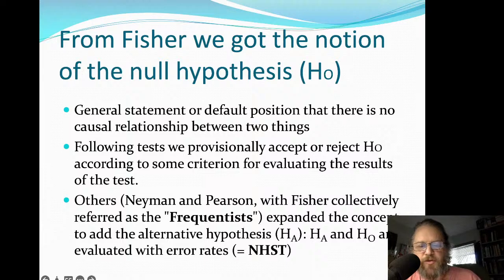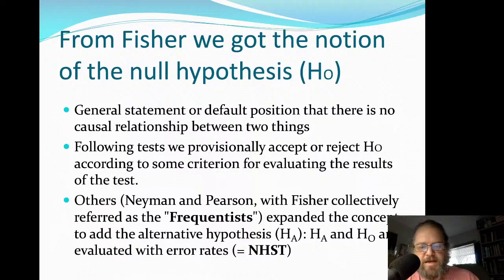Students of Fisher came up with the alternative hypothesis. The null hypothesis is a specific statement that there's no difference between two things or two groups, and the alternative is, well, there is a difference.